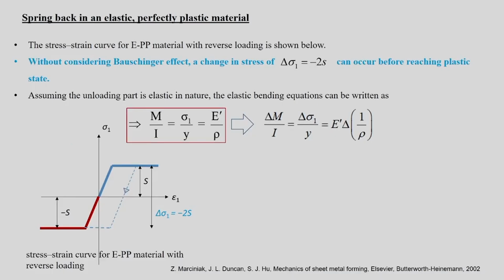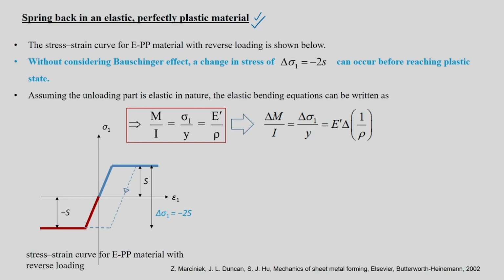Now let us go to the spring back in an elastic perfectly plastic material. We are going to see only one case, and we see how a simple theoretical model for spring back can be evaluated in this.